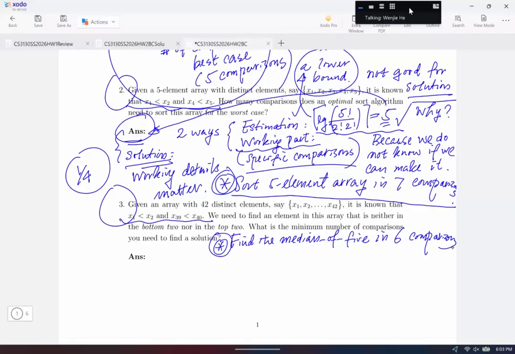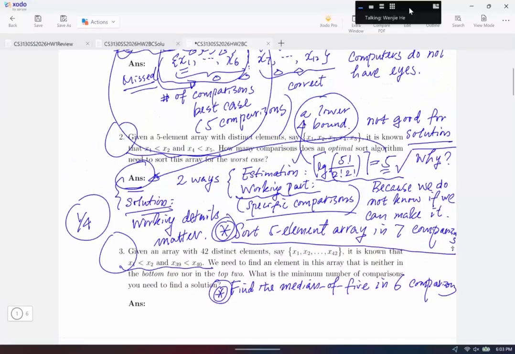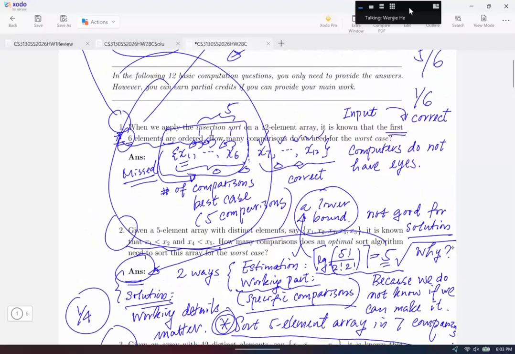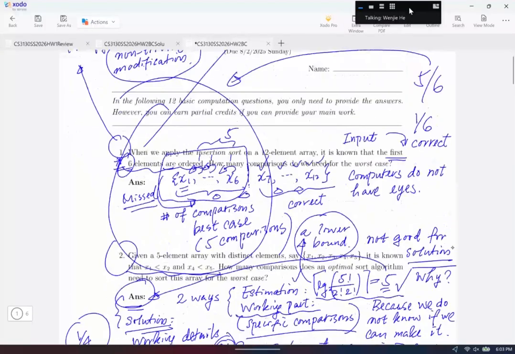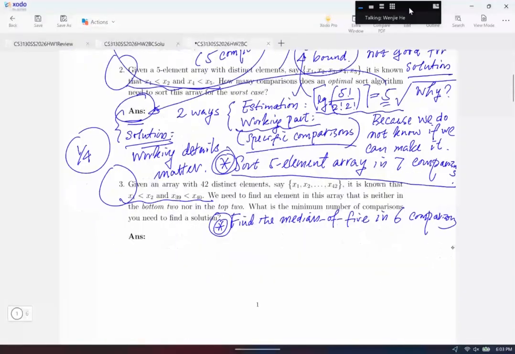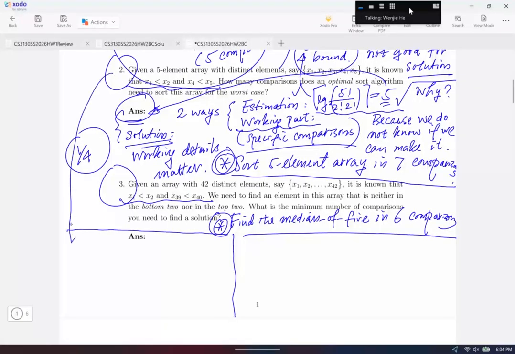I want to explain this question. For question number 2, I need some space. Let me split my available space into two halves. Number 2 goes here, number 3 here.